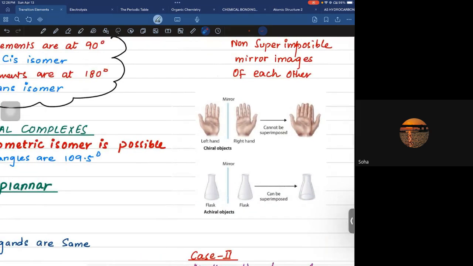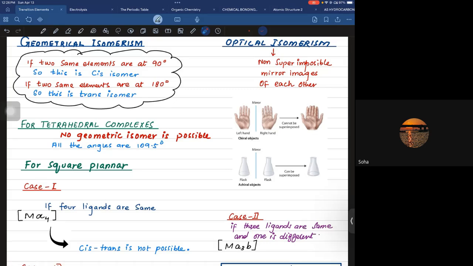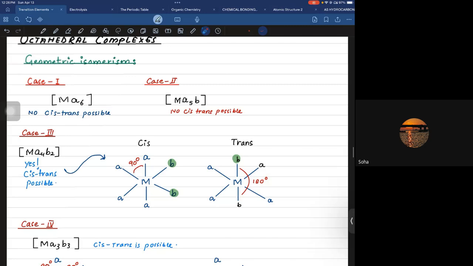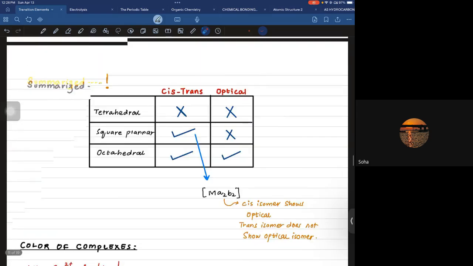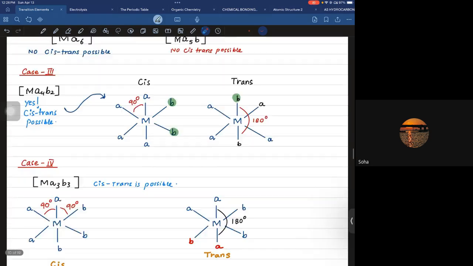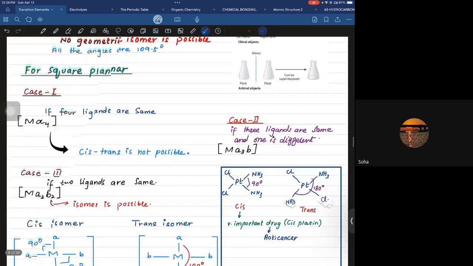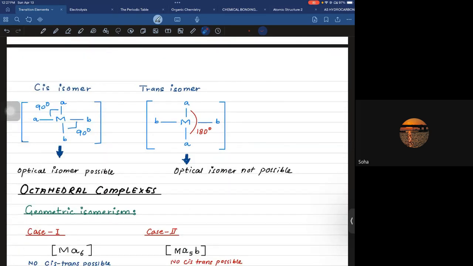So how will we know whether we are going to have non-superimposable images or superimposable images? The structure would decide. Remember. So let's suppose, see this.